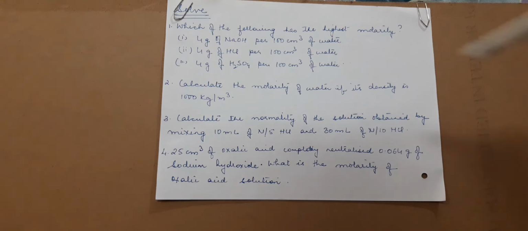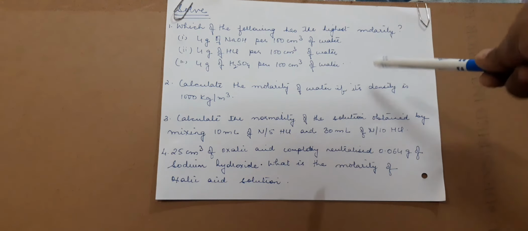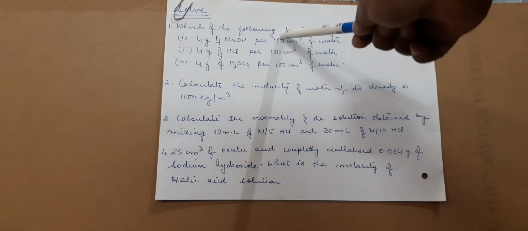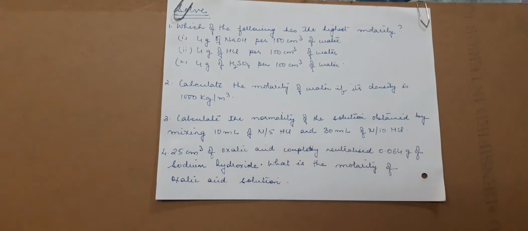Among these three solutions, which one has the highest molarity? Second question, calculate the molarity of water if its density is 1000 kilogram per meter cube.